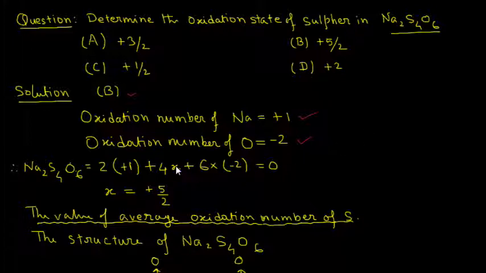So the oxidation number of S is X. Now, 2 atoms of sodium, so 2 multiplied by +1, plus 4 multiplied by X, plus 6 multiplied by -2, and the molecule is neutral, so the summation of all the oxidation numbers of its elements is equal to 0.